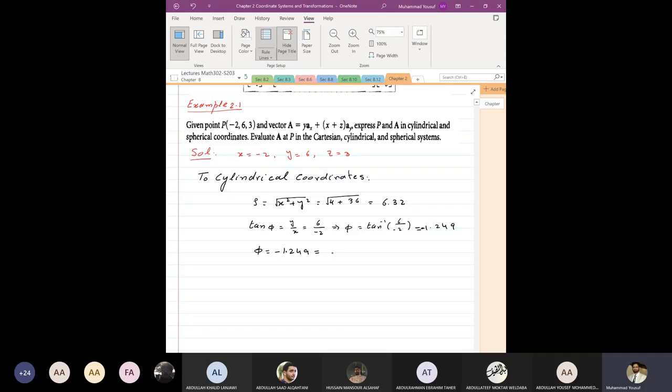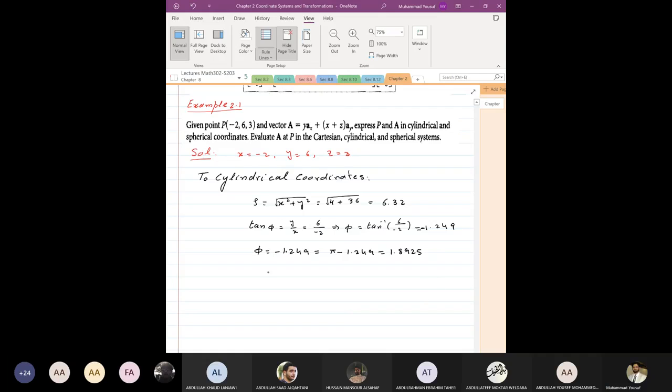What we will do, we will say pi minus this number, whatever it is, pi minus 1.249. It is 1.8925, but this is in radian.